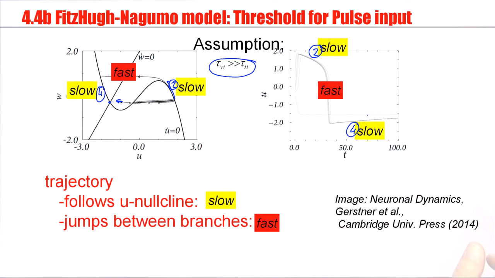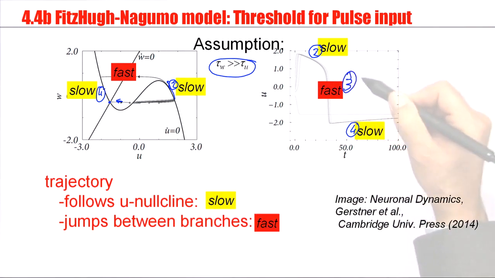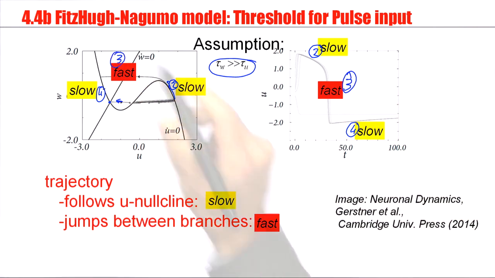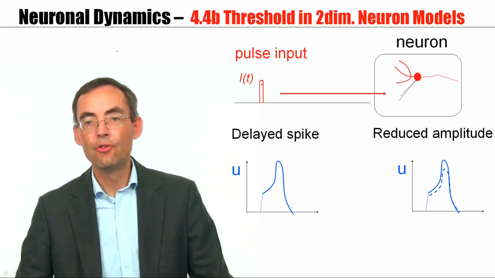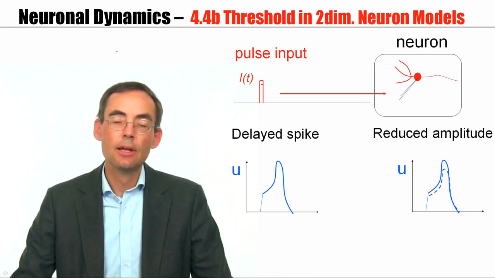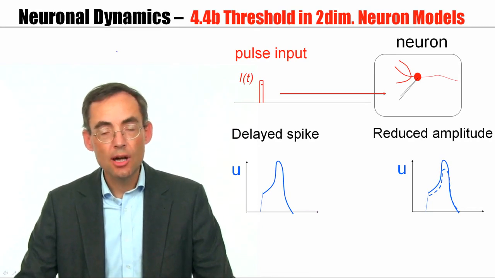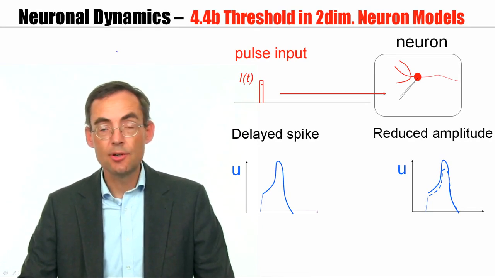On the other hand, the downswing of the action potential is very, very fast.